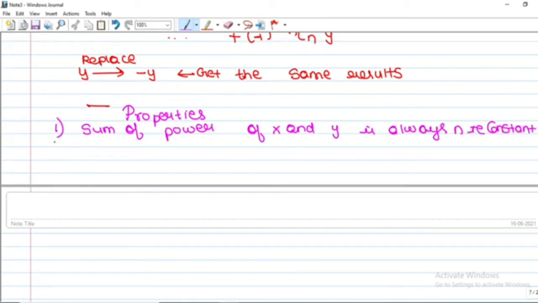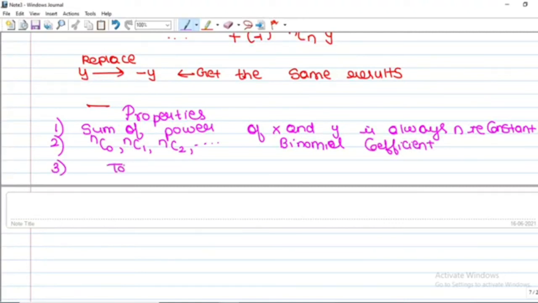Now the second thing which you will see is that nC0, nC1, nC2 and all of these are nothing but binomial coefficients. After this, the total number of terms is always n plus 1.